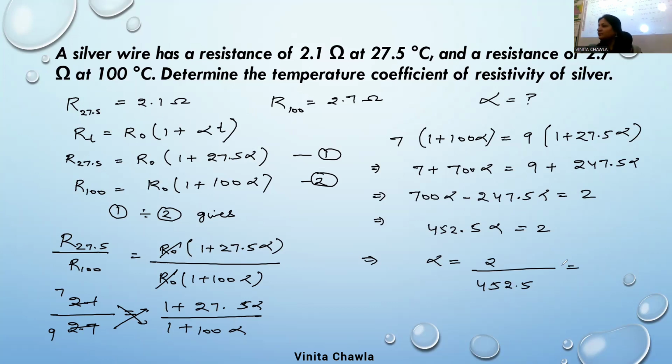Give me the answer. 0.0419 per degree Celsius.